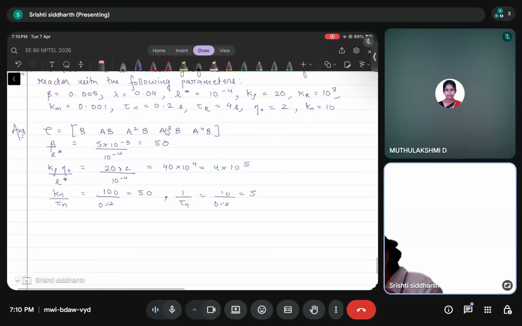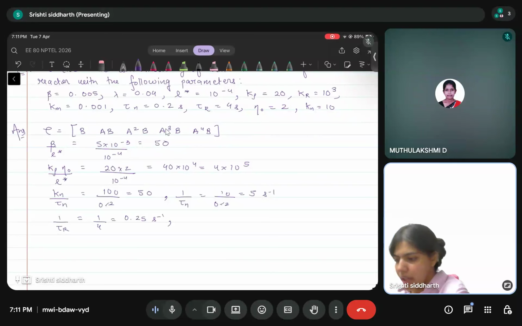This is 5. We need 1 by tau r. So this is 1 by 4, 0.25. So this is second inverse, right? Then Kr over tau r squared. This is 10 to the power 3 divided by 60.